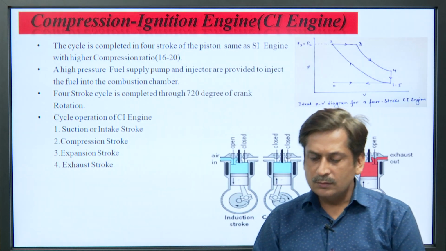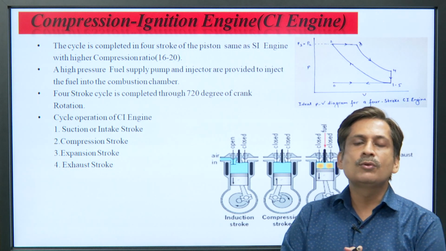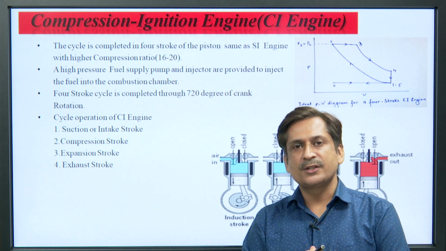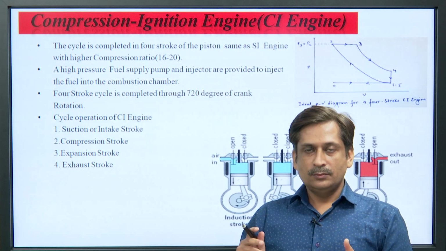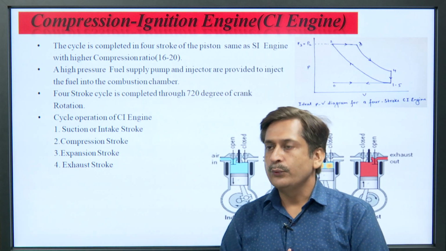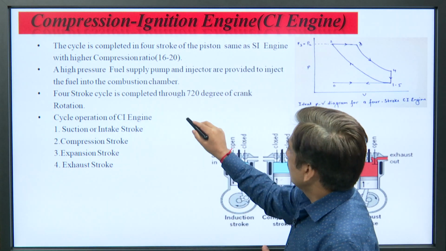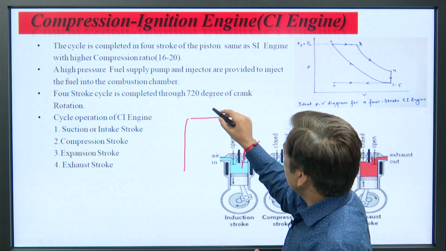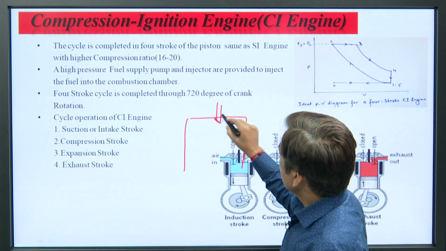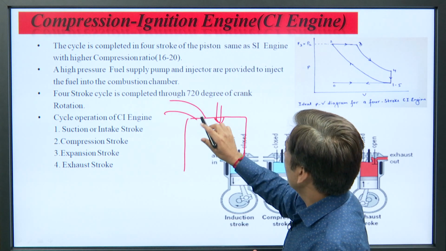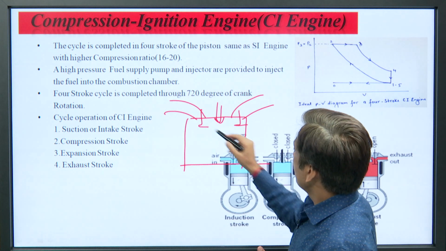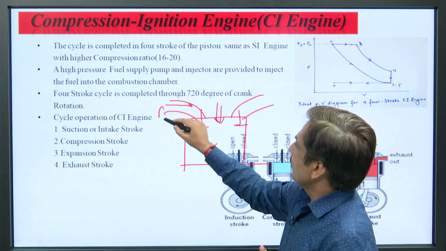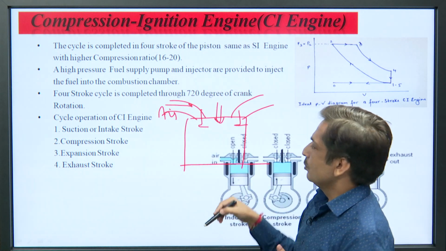Now, come to the CI engine, which is known as the compression ignition engine. Compression ignition means there are no spark plugs here and there is no carburetor. From the surroundings we suck only air during the suction stroke.